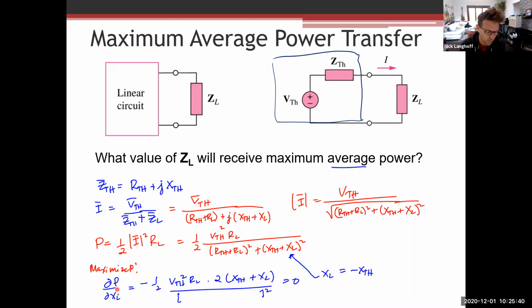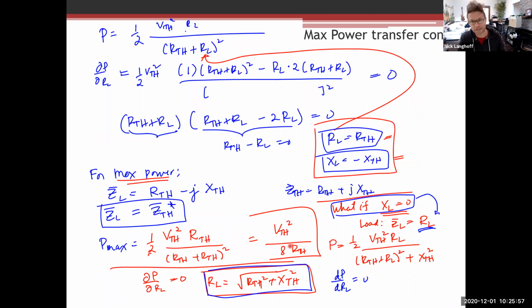We can take the derivative with respect to the reactance, XL, and you get a quotient rule in the derivative there. And so you go through the motions. I'm just going to skip over these parts because I don't want to spend a lot of the time on the derivation itself.